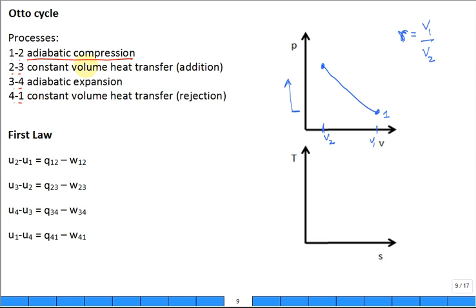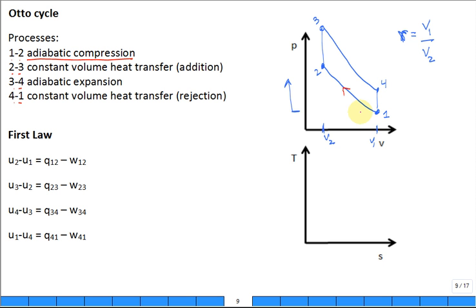Process 2 to 3 is constant volume heat addition. And then you have adiabatic expansion down to 4, and then constant volume heat rejection. How many people recall the PV diagram for the Otto cycle? No? Well, it's pretty straightforward.